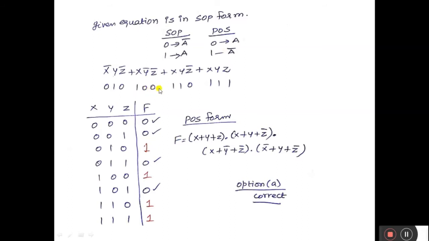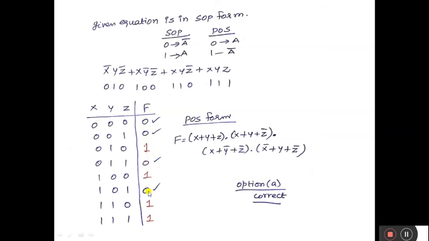For 1, 0, 0 I mentioned 1, corresponding to 1, 1, 0 that is 1, and 1, 1, 1 from the table I wrote 1. The remaining terms are 0, located here, here, here, and here.